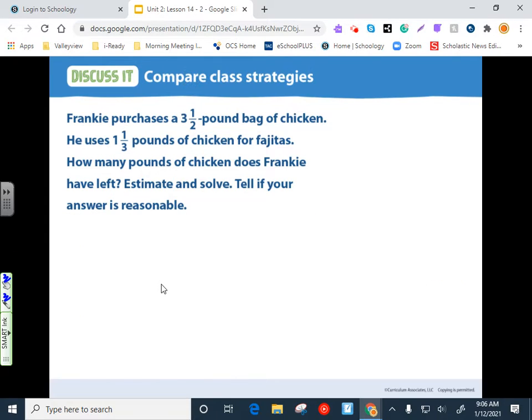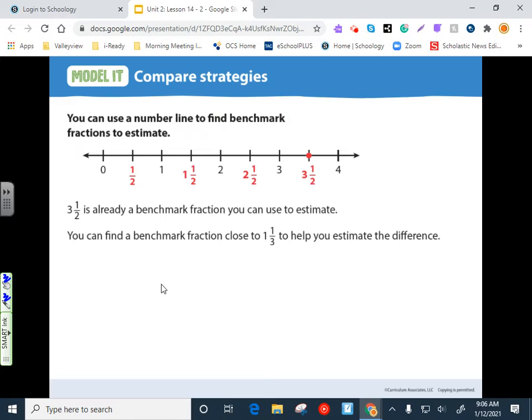All right, let's look at the next page. All right, and so again, I like how this number line here shows us what they call the benchmarks. Benchmarks being certain numbers, especially with fractions, that are just easy to work with. So you've got your whole numbers of like 0, 1, 2, 3, and 4.